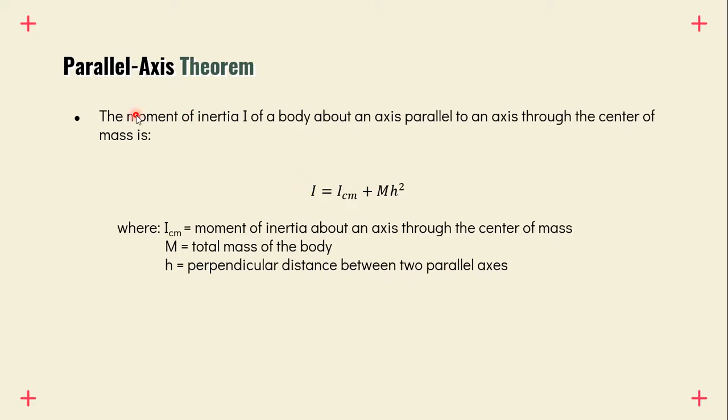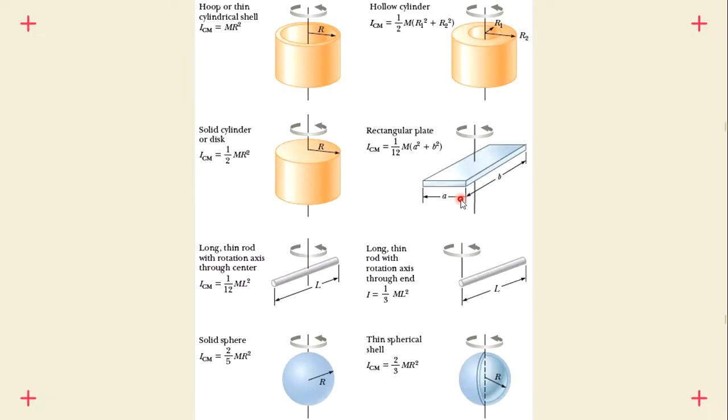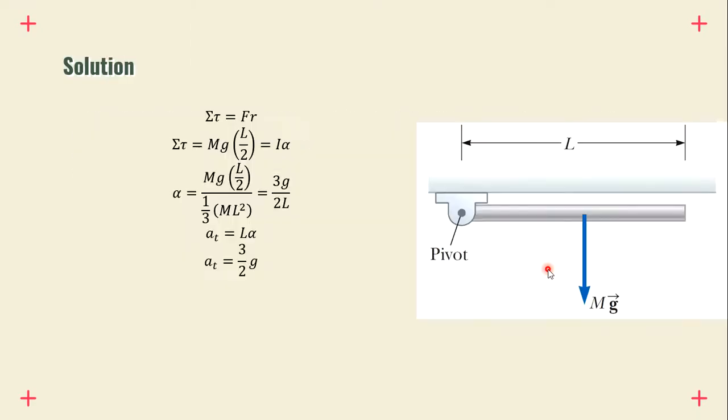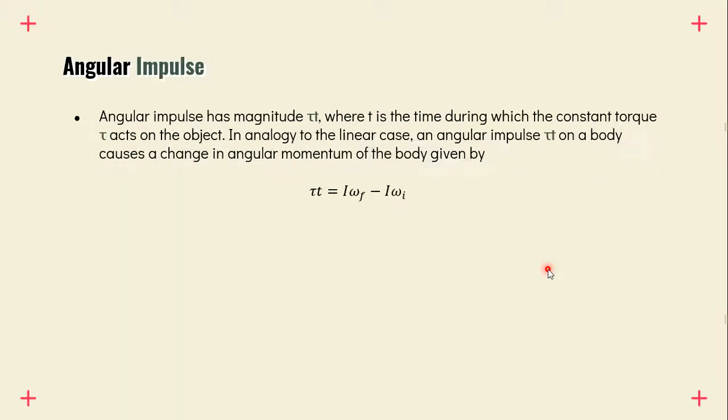Basically, the parallel axis theorem is just a formula for transferring the moment of inertia to a desired axis that we want, because in our formulas here, all of these have an axis which is at the center. So what if you need to find the moment of inertia at this corner, or at the bottom, or somewhere else? You can use this formula, which is the parallel axis theorem.